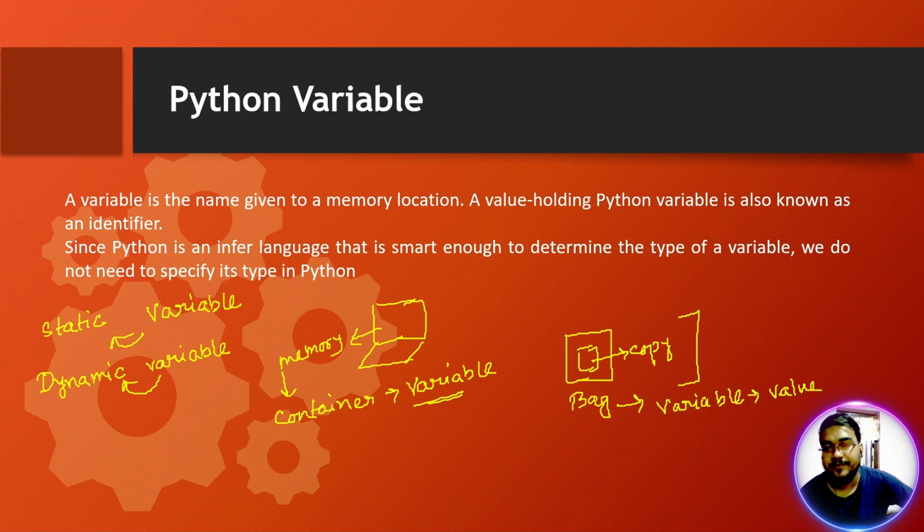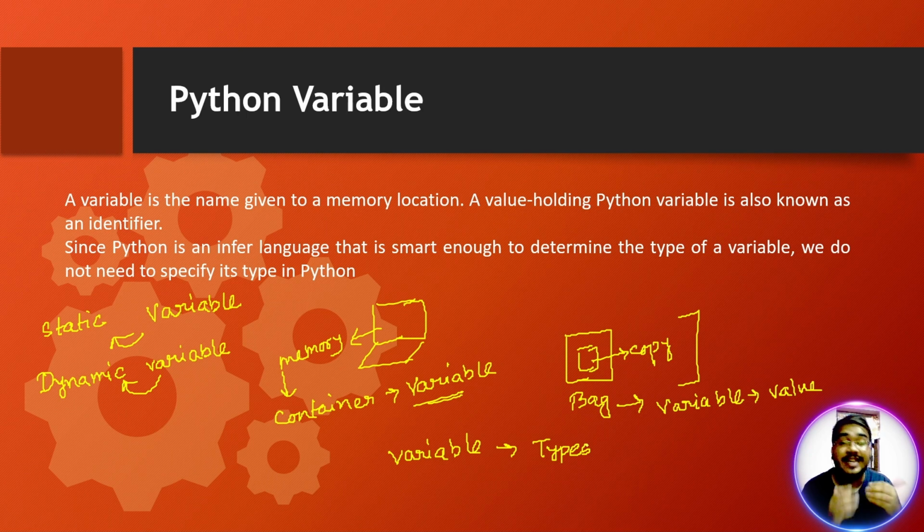ठीक है, तो ये लिखा हुआ है कि since Python is an infer language. Infer means this is inferential, मतलब इसको पहले से ही रेफरेंस इसमें इनपुट दिया हुआ है. ठीक है, so the input has already been given in Python. What is the input? That whenever we have to declare a variable, we must declare a type of this variable. But Python is smart enough.